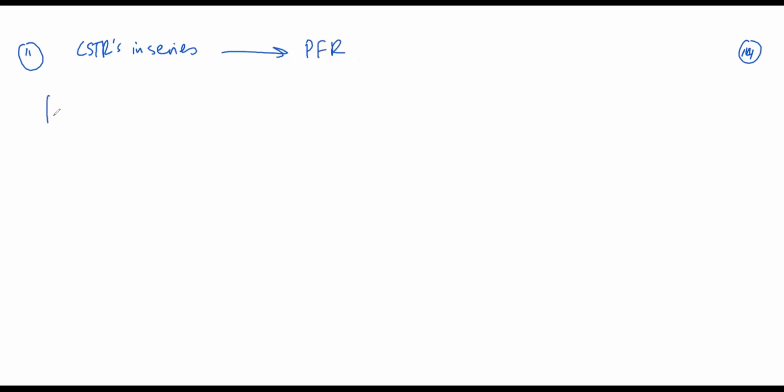And for a first order reaction, which is the case we're really focusing on when dealing with this type of scenario, CSTRs in series are represented using this equation.